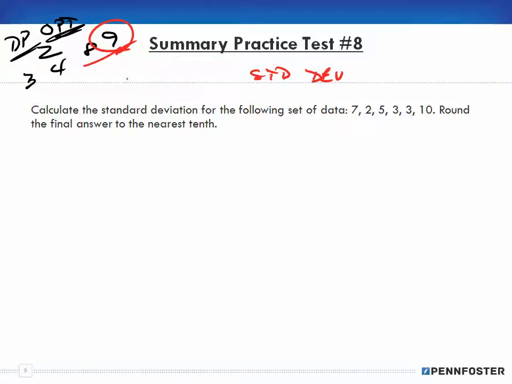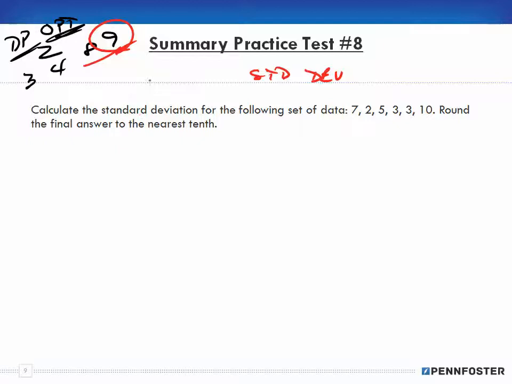Statistics is one concept building upon the other, meaning you have to know how to calculate the mean first in order to do the standard deviation, even though the problem doesn't tell you to do the mean.